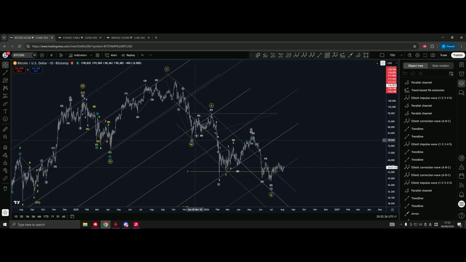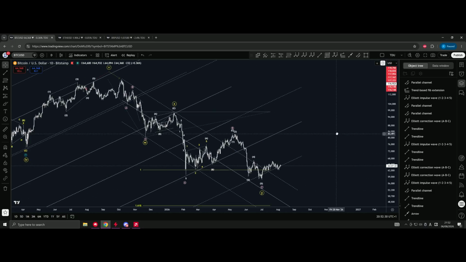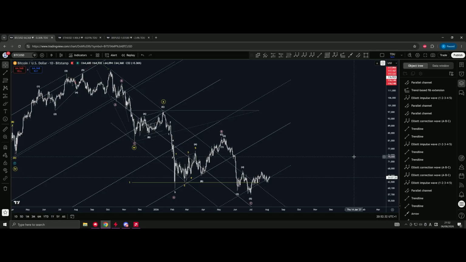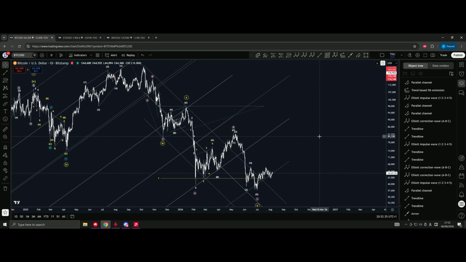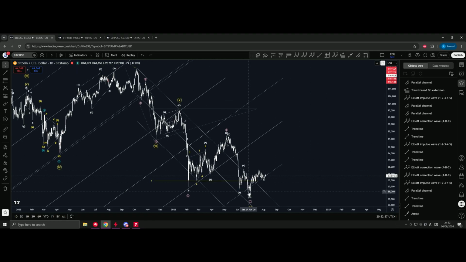A zigzag into a zigzag X into a zigzag Y. Why not? This to me looks like a clean done impulse. Even the last wave here is impulsive.